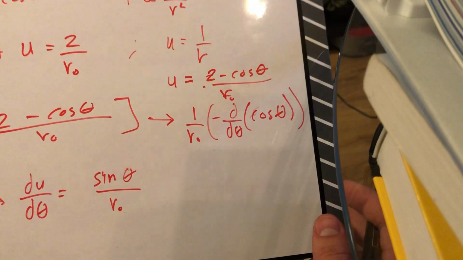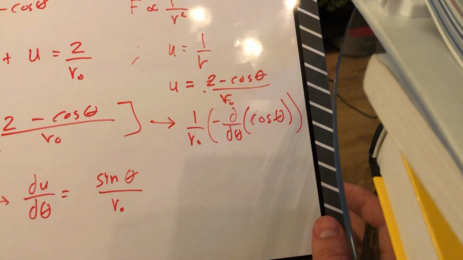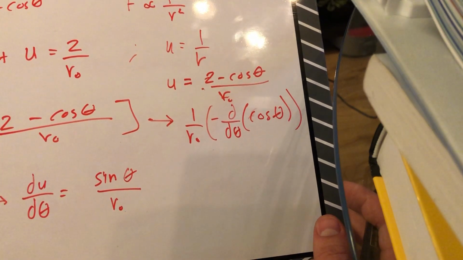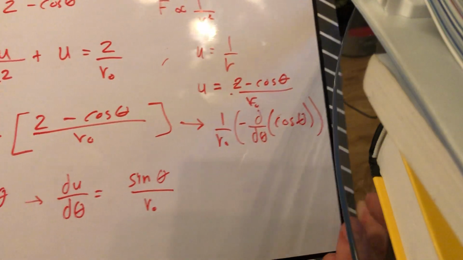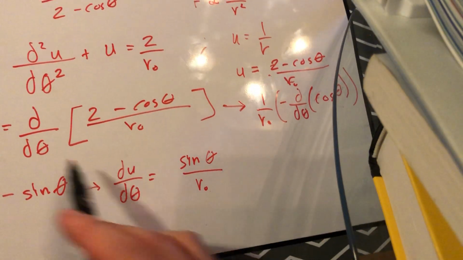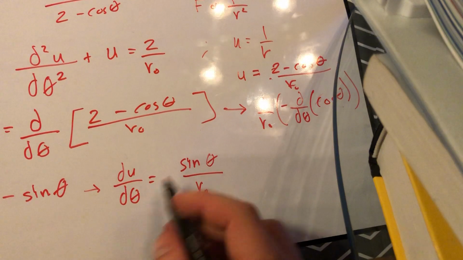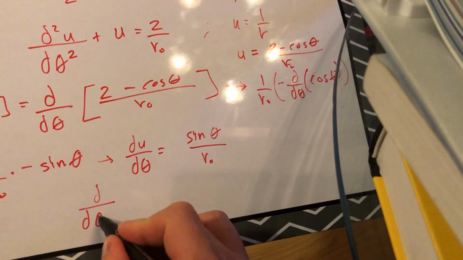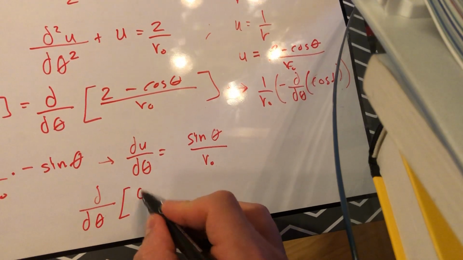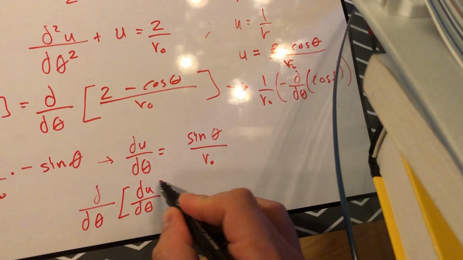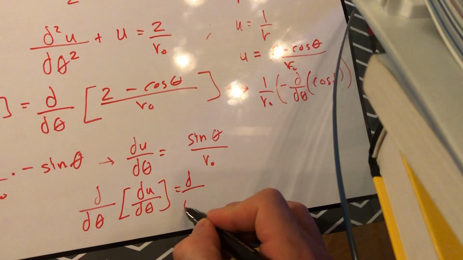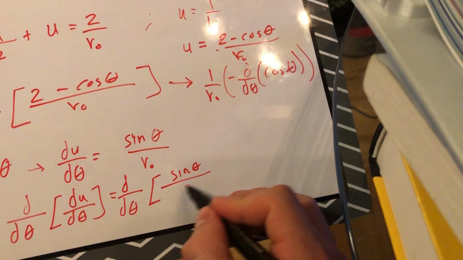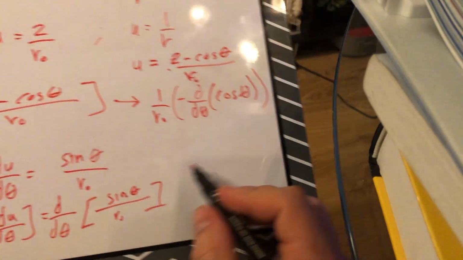Okay, so now what we need to do is take the other derivative of this. We have the first derivative, now we need another derivative, the second derivative with respect to theta of sine theta.